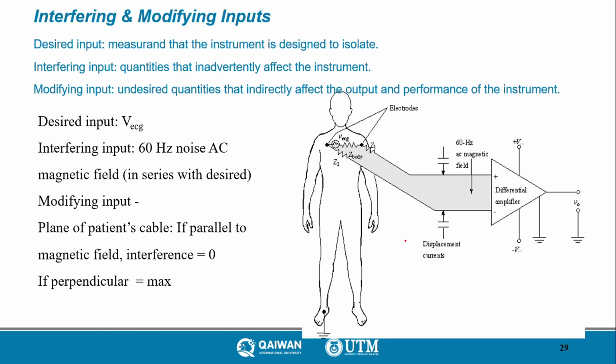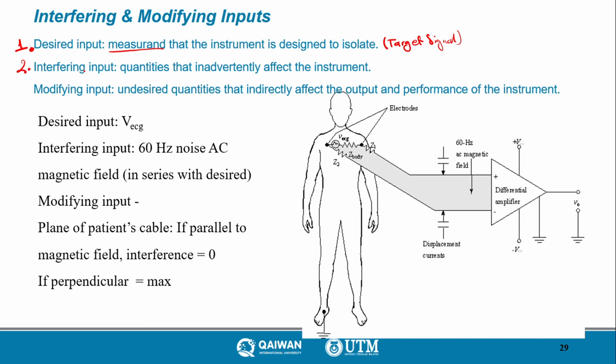Interfering and modifying inputs. Desired input: this is the first point. The desired input is the measurement that the instrument is designed to isolate. So this is the target signal that we are trying to measure.